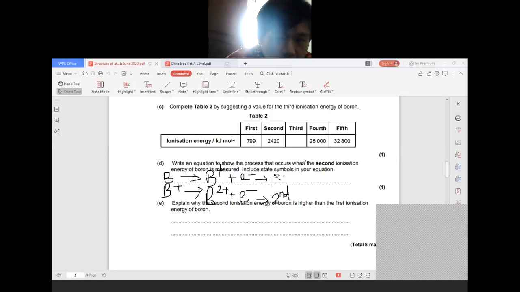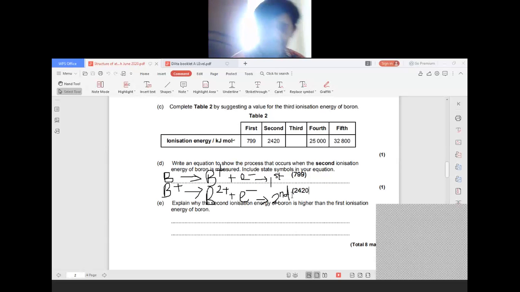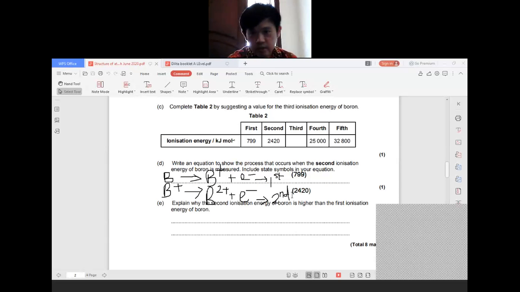So here we need to write the values. The first value is 799 and the second one is 2420. The total amount is around 3219 kilojoule per mole.